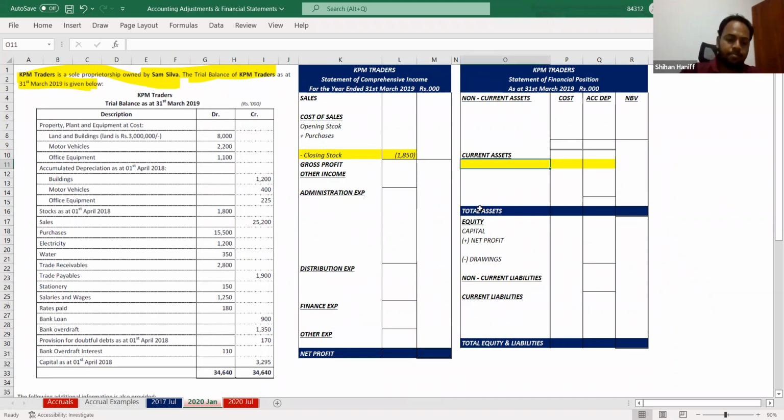The other is current assets, 1,850. When you record these two, you will get about 2 marks, 1, 1.